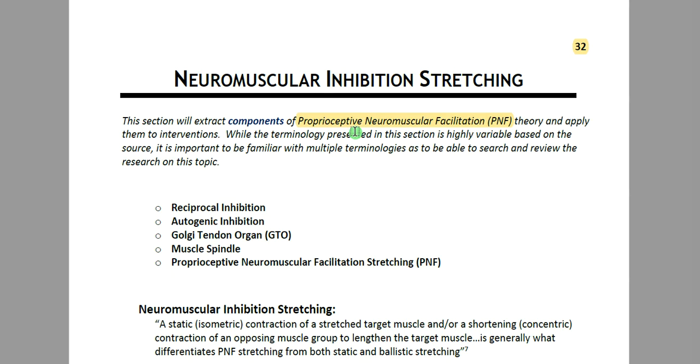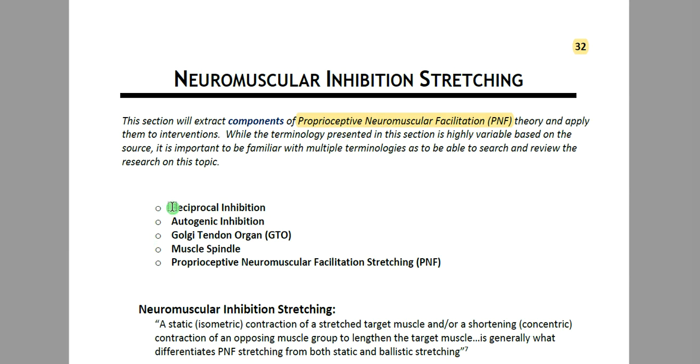But as I'll mention, a lot of the words and nomenclature that is associated with these types of stretching is varied. However, in order to look at the research on this and the upcoming research that's going to be published on this, it's very important to be familiar with different terms and be able to use those terms interchangeably.